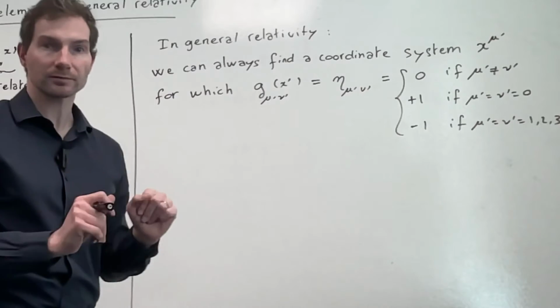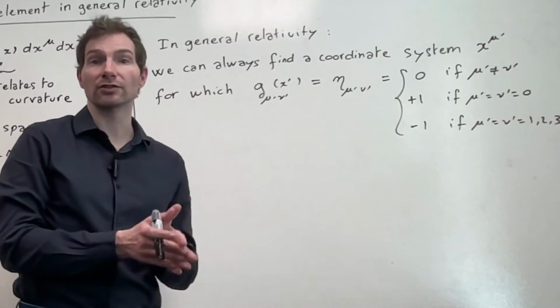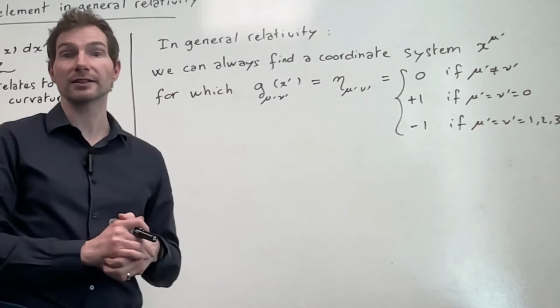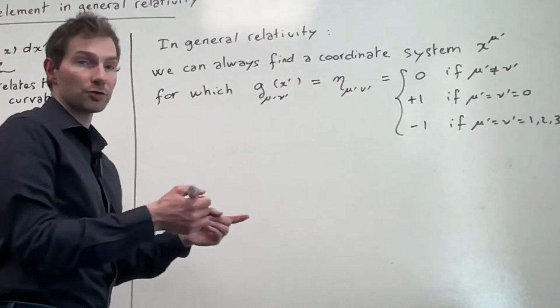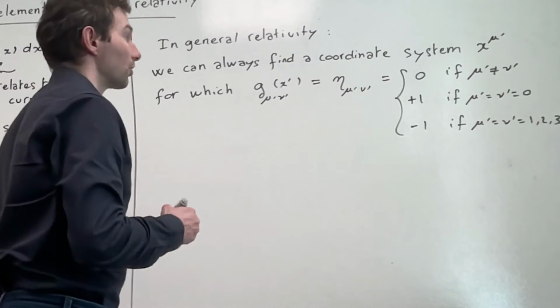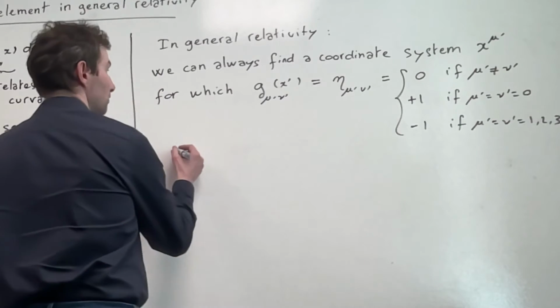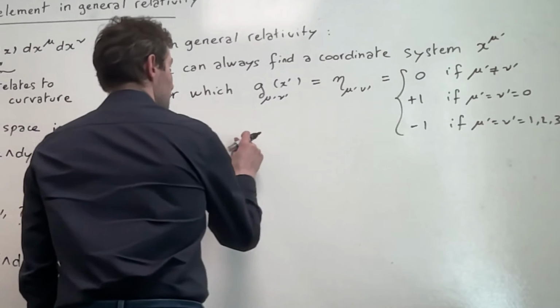Then you can say, but what kind of transformation do I need to apply to actually get that? Here you want to transform from the x to the x prime coordinates. So let's have a look.